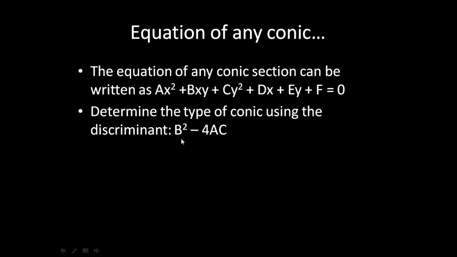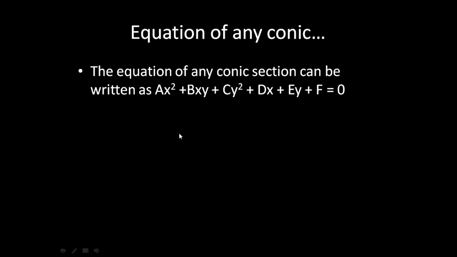And it's the same formula in order to decide which type of conic section it is before we try to graph it or write it in standard form or anything like that.